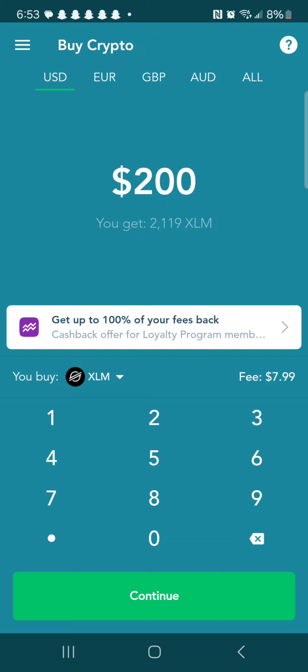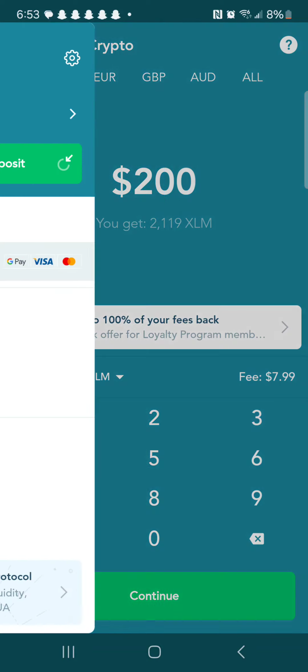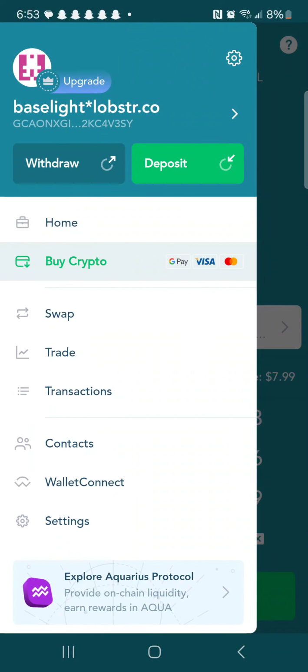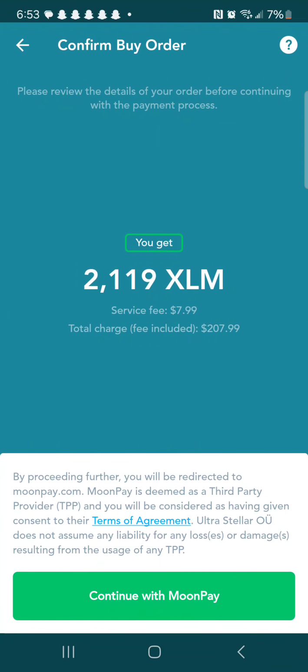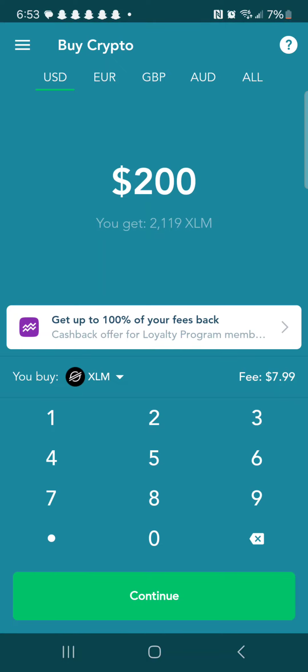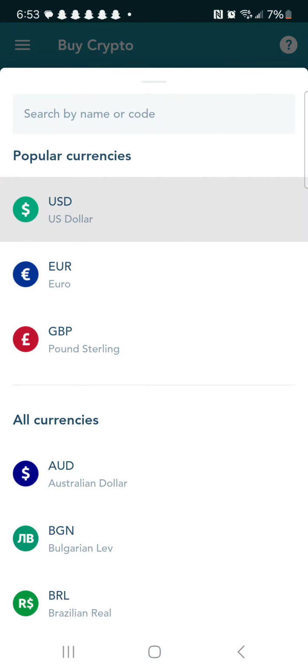I'm just trying to show you all the different ways. With this, they don't have a debit card option. So if you swap out of it, there's no debit card option. Right now it just says buy, but they did have where you could go to a bank or whatever. I'm going to hit continue to see if it does. Okay, they have MoonPay where you buy it. They took that portion off, it looks like.